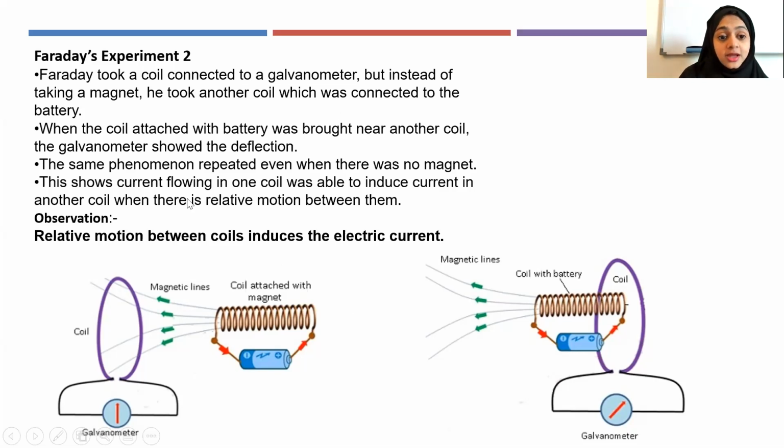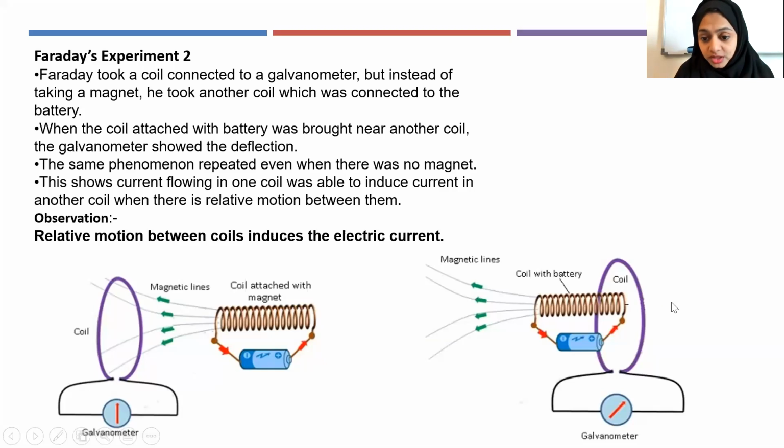This shows that current flowing in one coil was able to induce current in another coil when there is relative motion between them. Again, I would like to say that when you move the second coil into the first coil, and if they are remaining stationary with respect to each other, there is no deflection in the galvanometer.